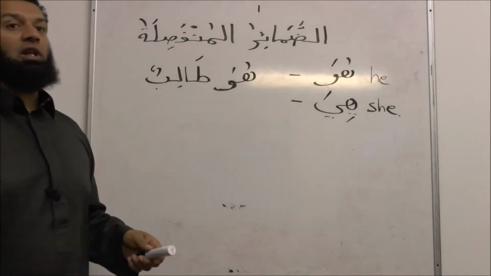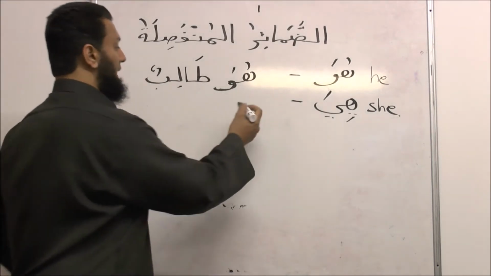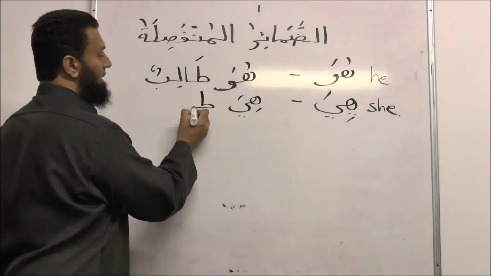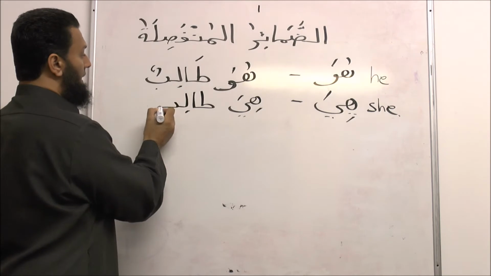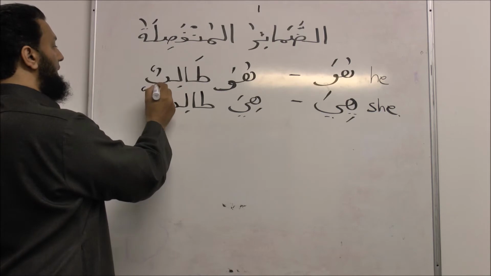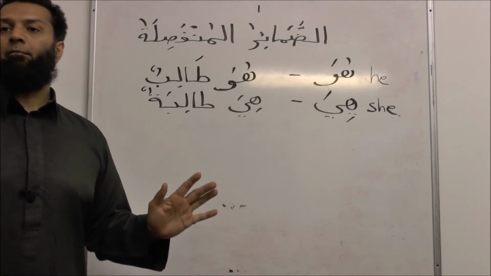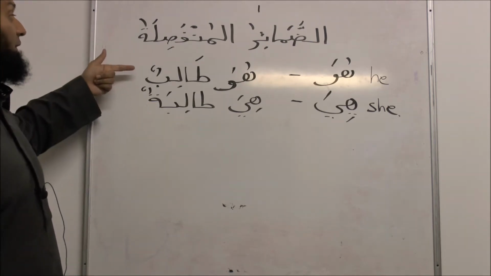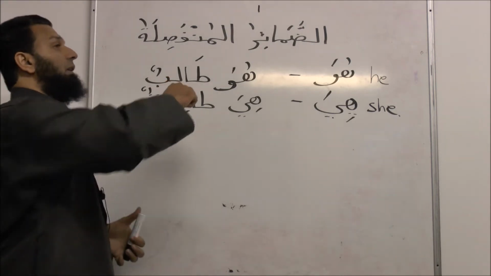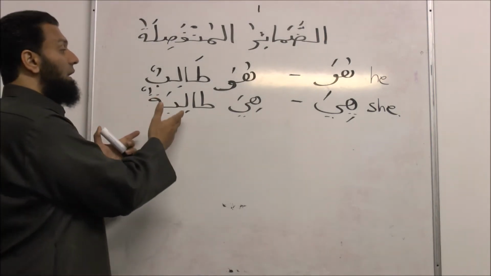If we wanted to say she is a student, we would say hiya talibatun. Hiya talibatun, meaning she is a student. Note the difference in talibun and talibatun. We made talibun female by adding a ta marbuta, because that's the indicator that the word is female.